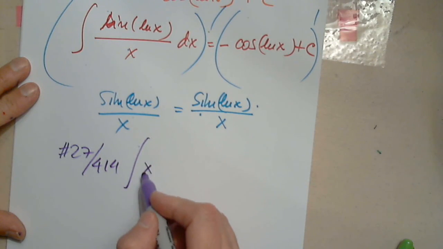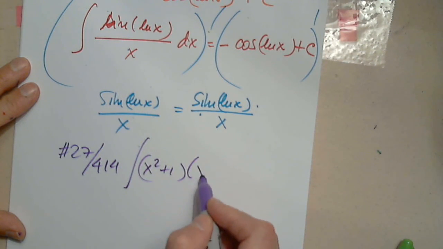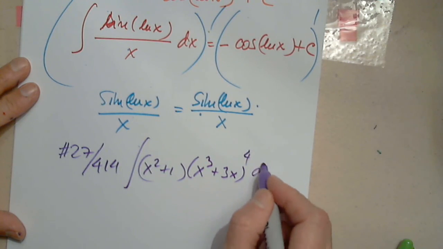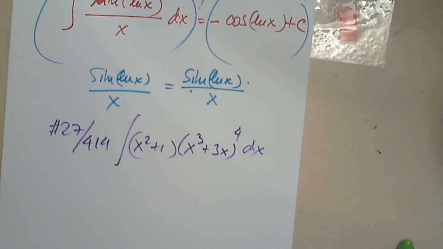The integral of x squared plus 1, times x to the third plus 3x to the fourth, dx. Oops, what do I do with this? Okay, so let's think about it.